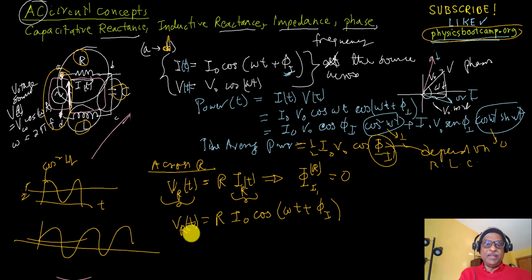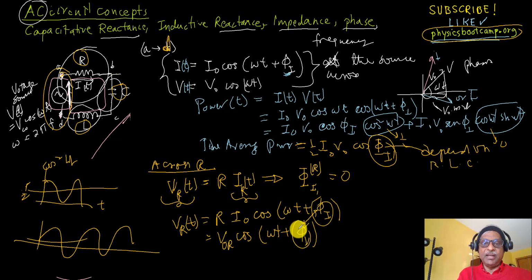So if I write this as V0R cosine(omega t plus phi V), then this has to be equal to that, and because of that I can set this to be equal to 0. So this is the way.